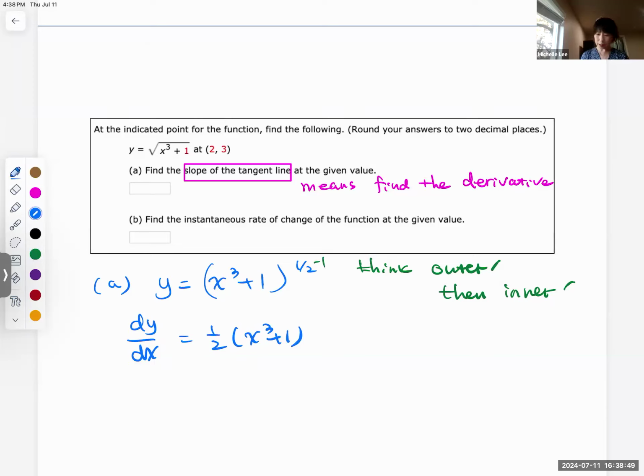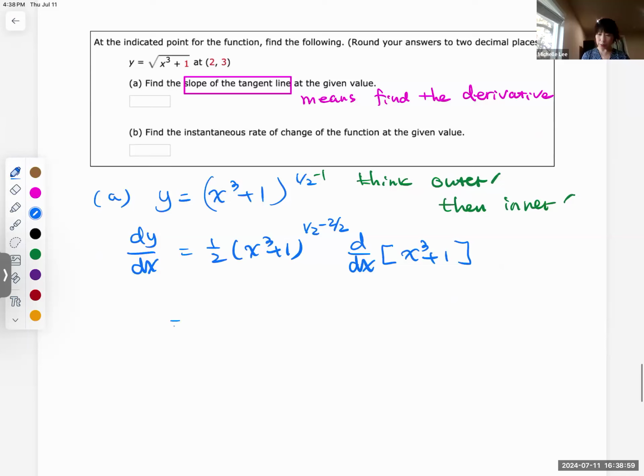So that will be 1/2 minus 2/2. And then what's inside? We want the derivative, right? So there will be 1/2 x to the third power plus 1, to the negative 1/2. Now, what's the derivative of this one? Drop the power, reduce by 1.